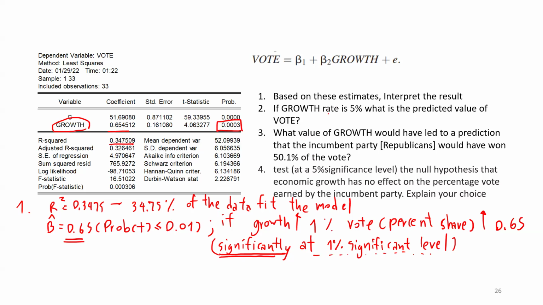Second question, if growth rate is 5%, what is the predicted value of vote? For the second question, you can use vote equals constant term plus slope times growth, and you use 5% here.